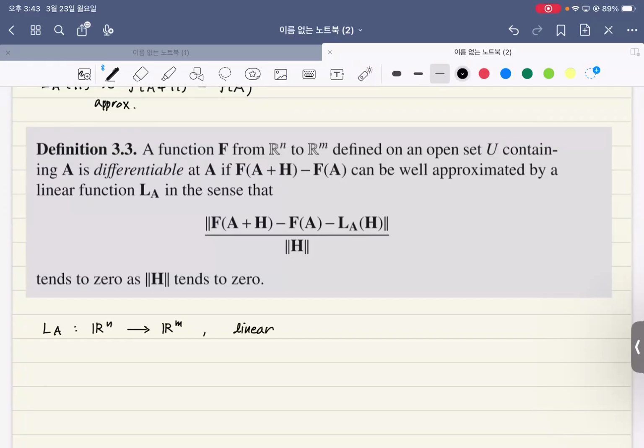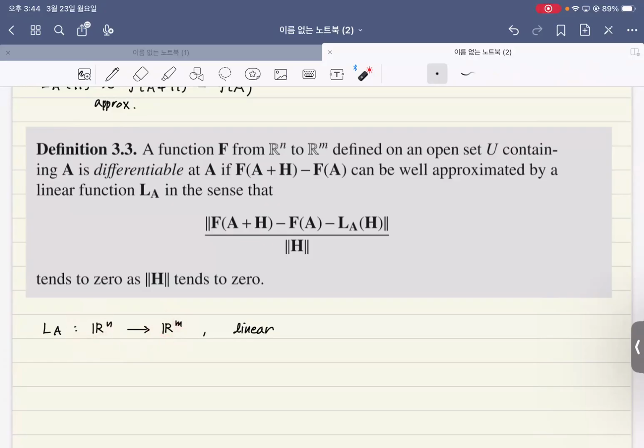And you should remember that every such linear function can be represented by a matrix of dimension m by n, that is, a matrix that has m rows and n columns.